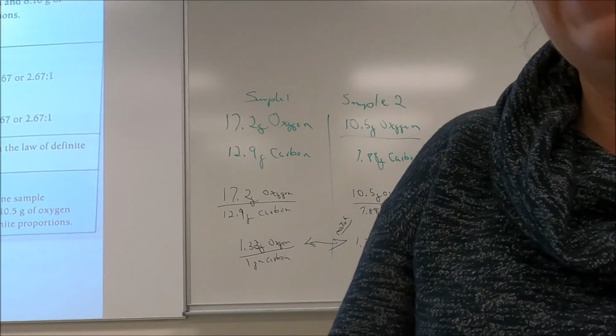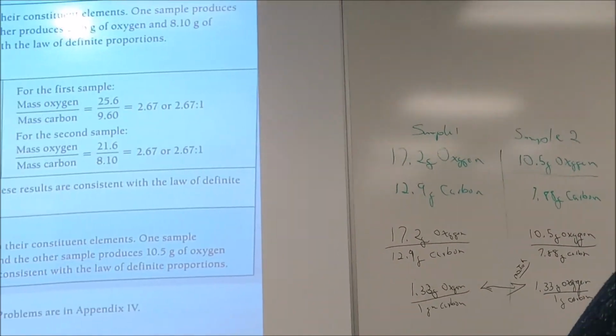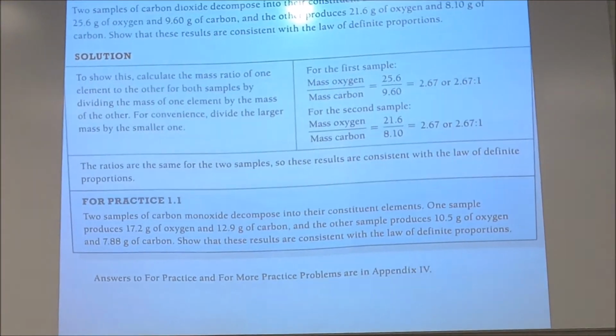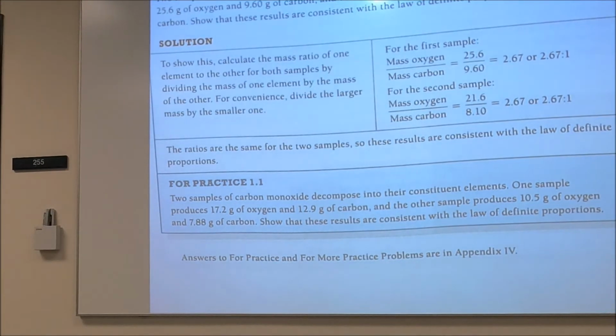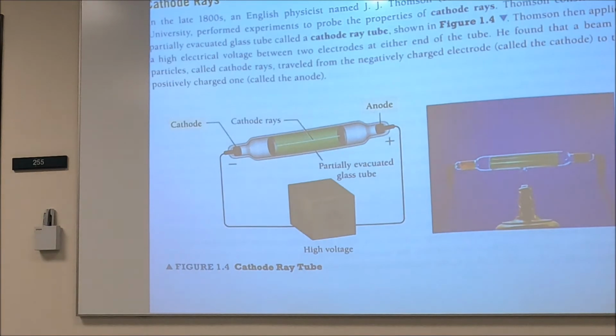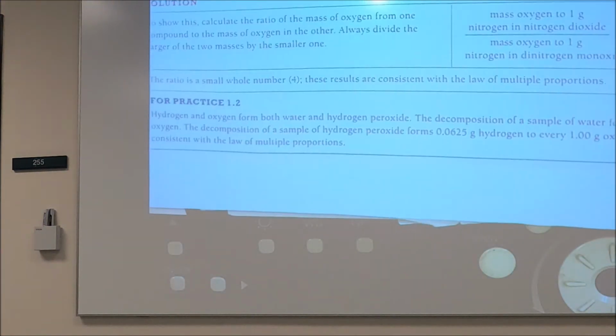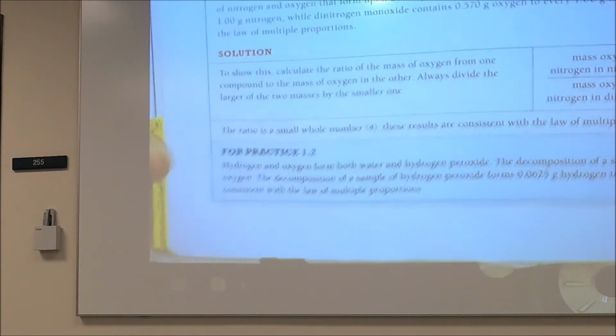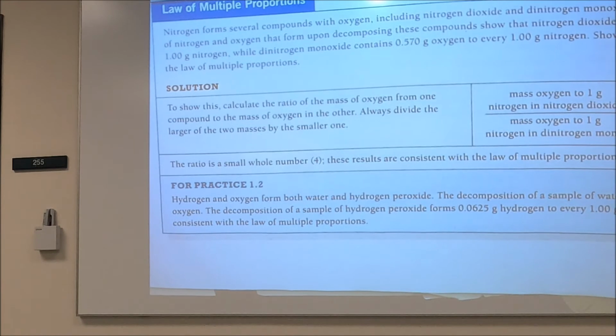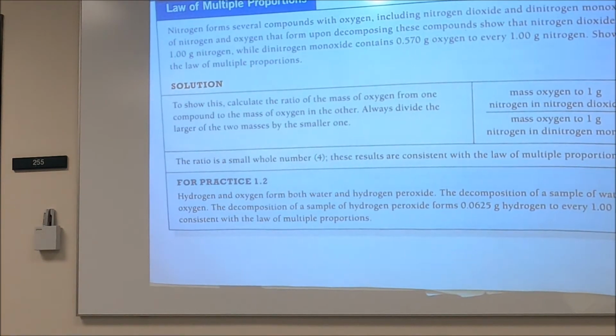Now, looking at our last practice problem, the one that deals with the law of multiple proportion, we're going to look at practice problem 1.2. Okay? Over a page. So let's look at this problem.